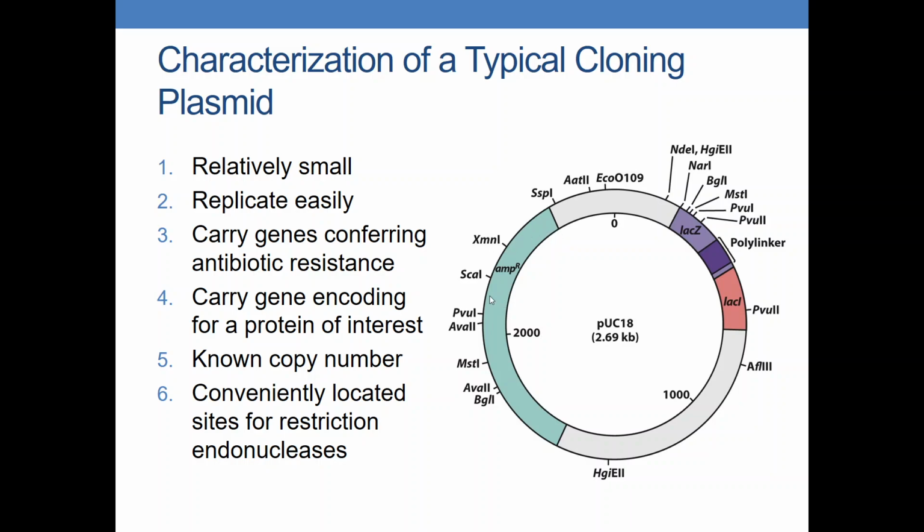So I need this to be intact. I need to avoid, if I can, the treatment of this vector with any of these restriction enzymes. So I want that to be intact.